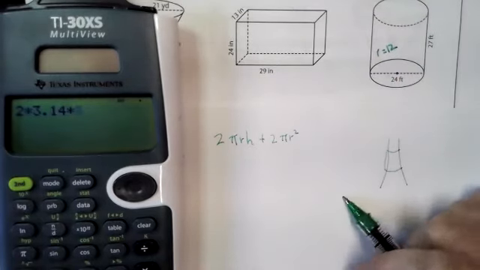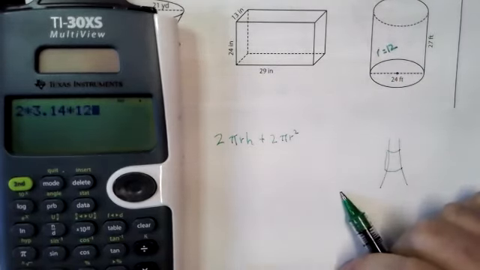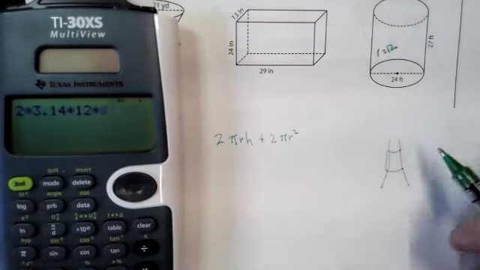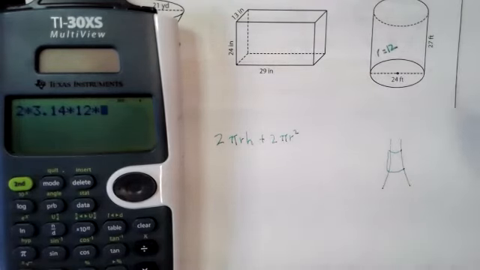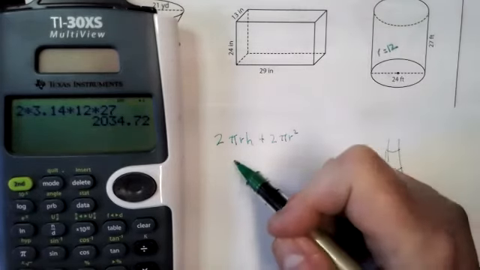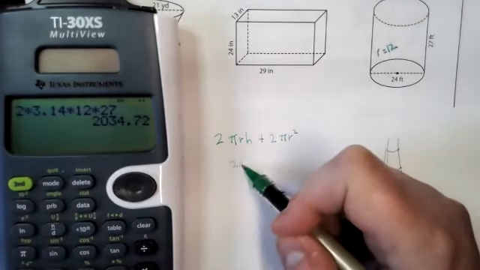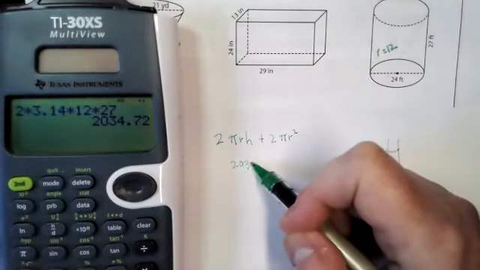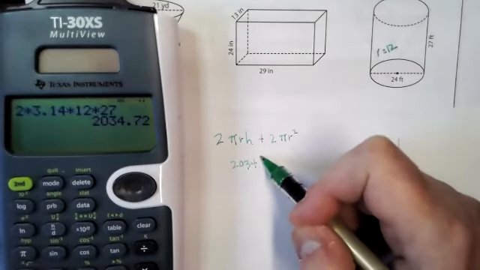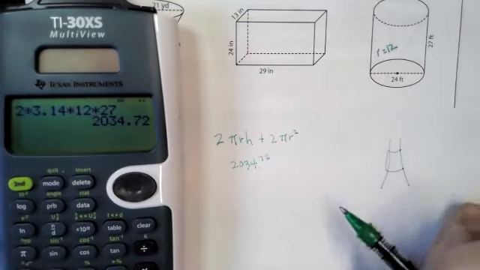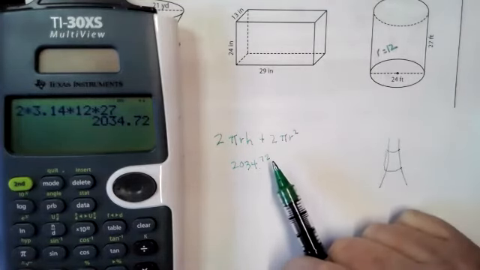So the radius is 12 times the height, and they gave us the height, 27. And I like to do half at a time, just in case I mistype. I don't want to type the entire formula in again. So I just keep notes so I don't have to redo the whole thing.